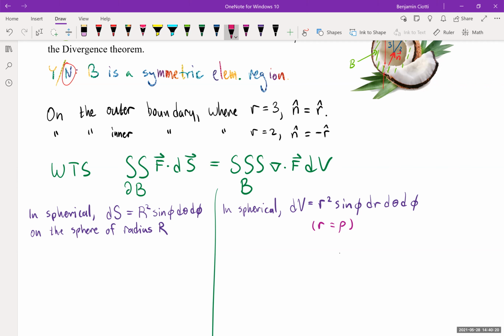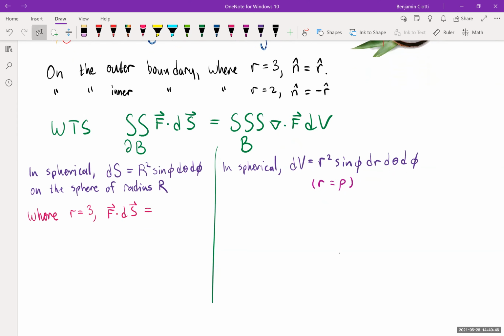Let's help out the surface integral folks for a moment. So where r is equal to 3, F dot dS will equal r hat over r dot the normal, which we already said is r hat.